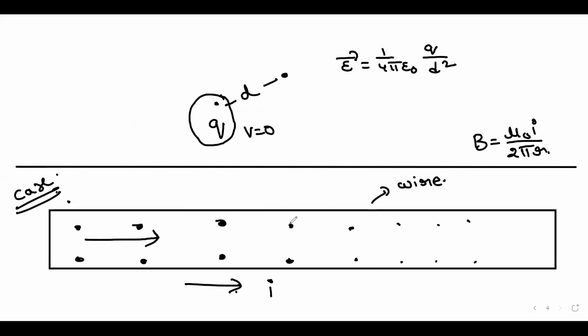See, uniform motion means velocity is constant.